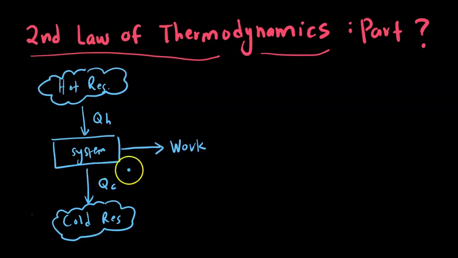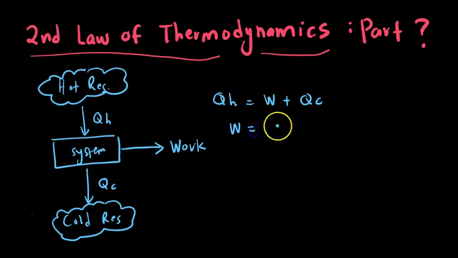Okay, so based on this, if I take in some QH, some of it becomes work, some of it becomes QC, which means that QH is really just W plus QC, assuming that we don't lose energy anywhere else, right? So QH should be equal to work plus QC. So if I wanted to calculate work, work is equal to QH minus QC.